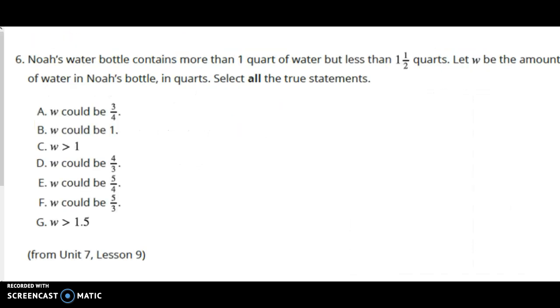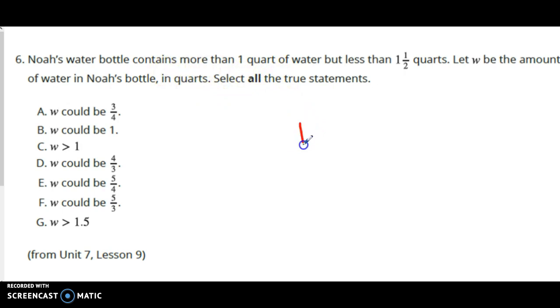Okay, 6 is also review. Noah's water bottle contains more than 1 quart of water, but less than 1.5 quarts. Let W be the amount of water in Noah's bottle in quarts. Select all the true statements. So this is written as an inequality. So I'm going to go ahead and write that inequality. I know that his bottle contains more than 1 quart of water.